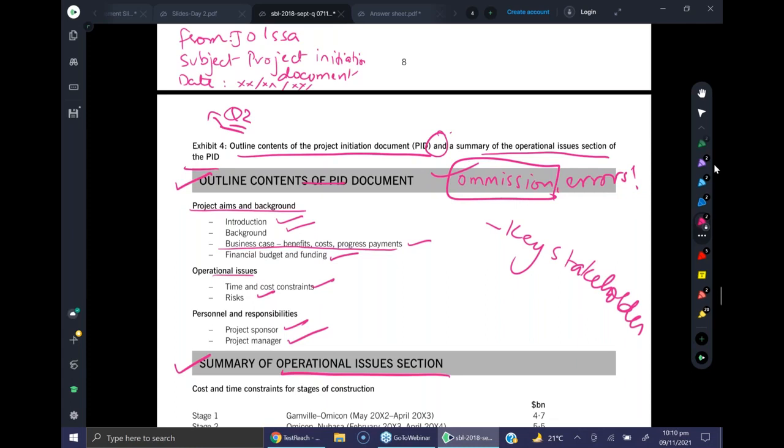Is the key stakeholder point clear to everyone? First you say that key stakeholders should be there. Then you say that your PID does not have them. Then you give examples related to the current Beatles project, like the Beatles government, communities, environment, media, or whatever you think is relevant.